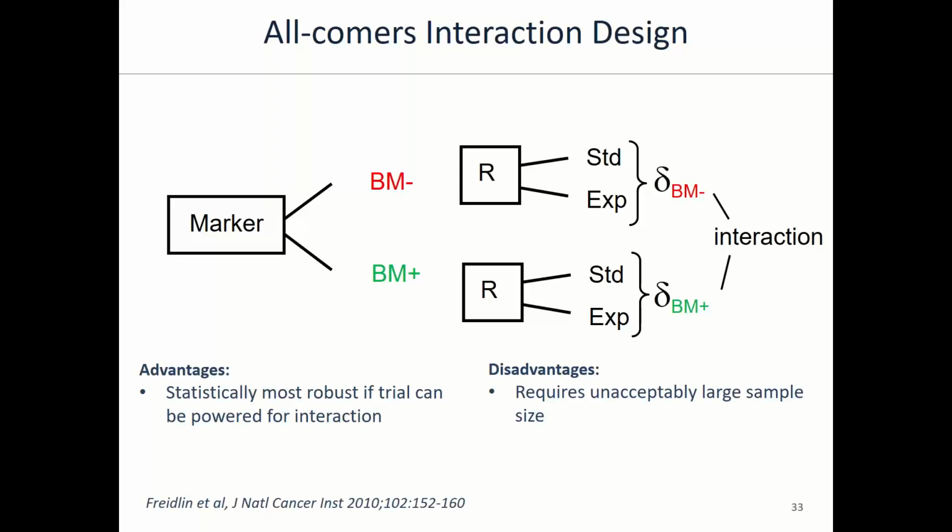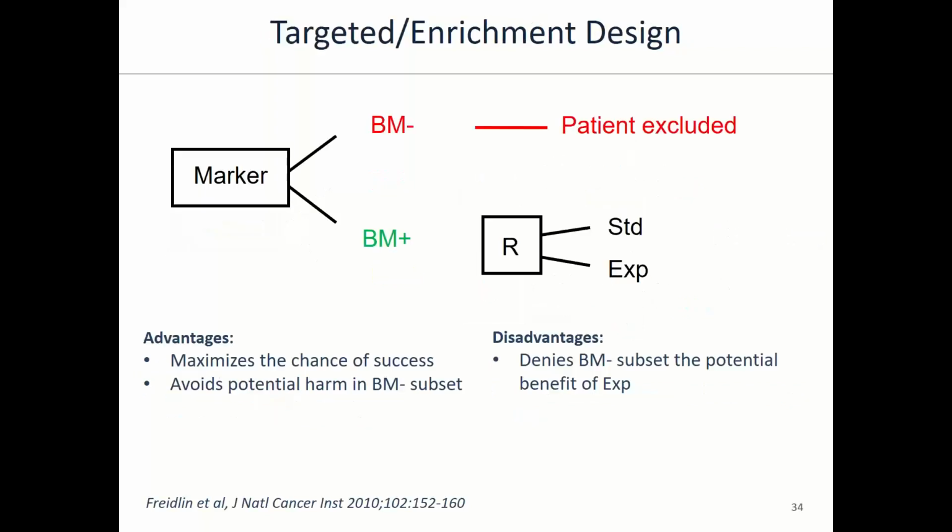At the other end of the spectrum, we have the targeted or enrichment design, in which during screening the biomarker is tested, the biomarker-negative patients are excluded, and only the biomarker positives are randomized over the treatments.